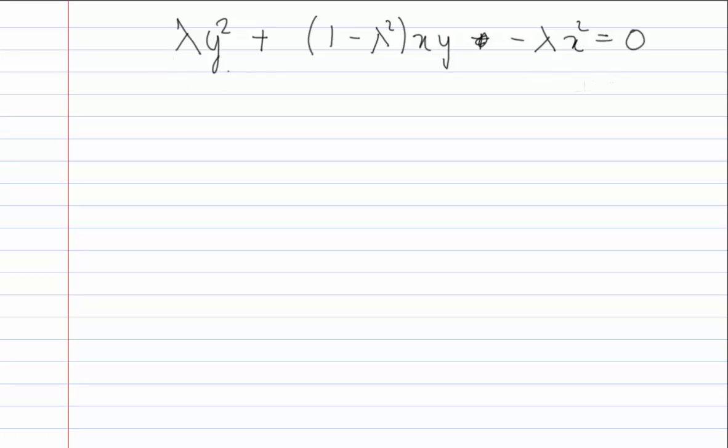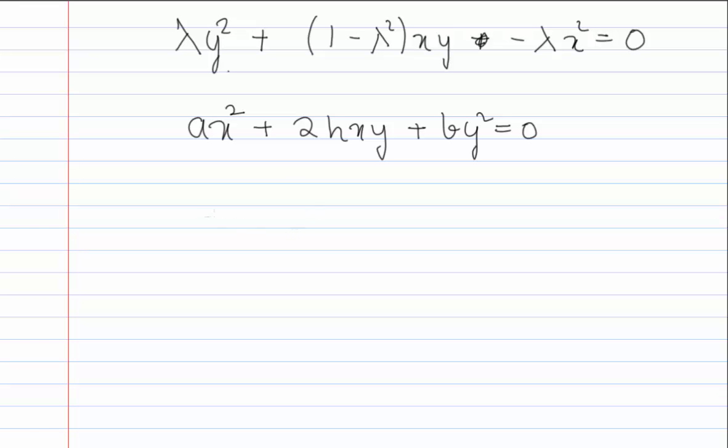This definitely represents a pair of straight lines, and if you are wondering why, just compare this equation with the general form of a pair of straight lines, which is ax square plus 2hxy plus by square is equal to 0. Now you can clearly see that this is a specific case of this. Hopefully that makes sense. Okay, now we have to calculate the angle between the lines.